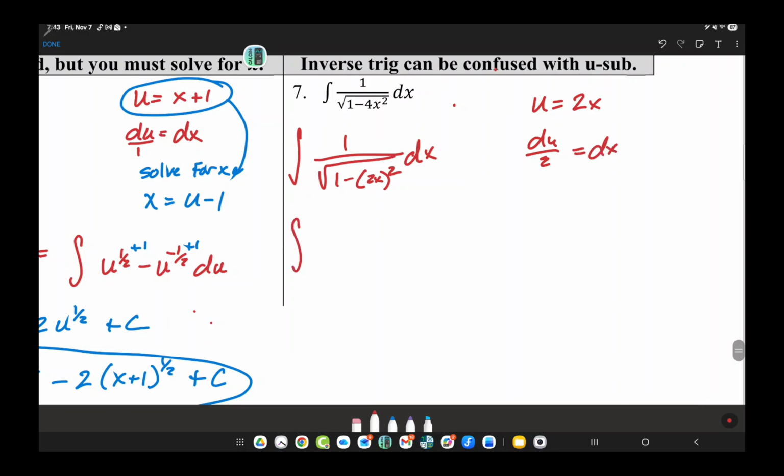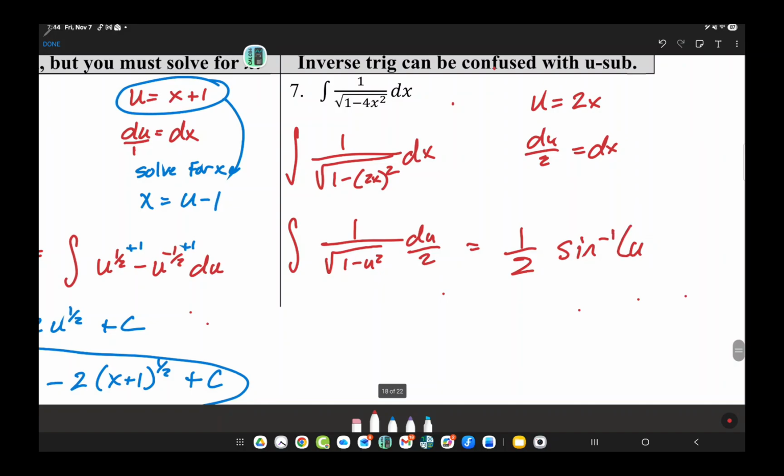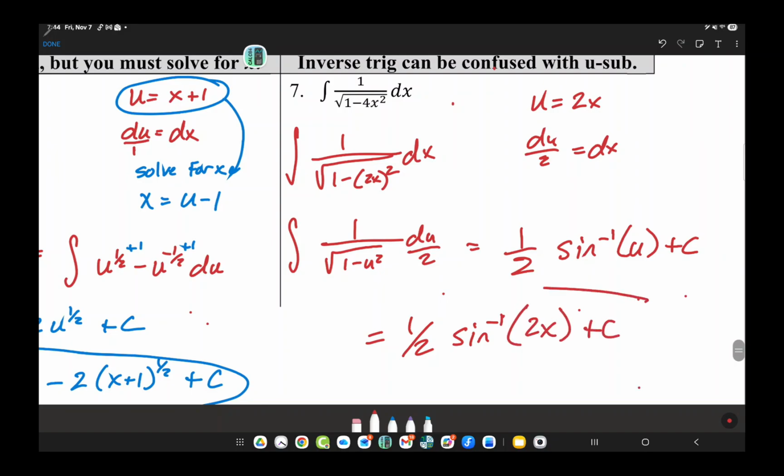So we have the integral of 1 over the square root of 1 minus u squared du over 2. Now that is the arc sine. So it's going to be 1/2 arc sine of u plus c, which is 1/2 inverse sine of 2x plus c.